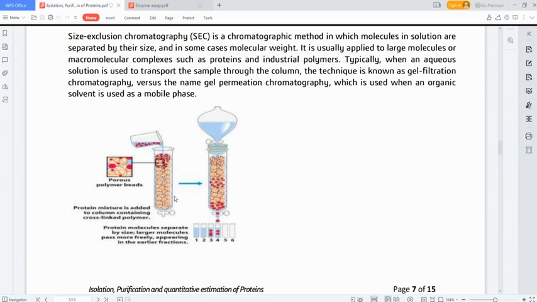When you pour in your protein, the protein with smaller size and weight will try to get into the beads, thereby delaying their movement in the column. So in size exclusion, proteins with higher sizes or weight come out first, while the ones with smaller weight will come out last.